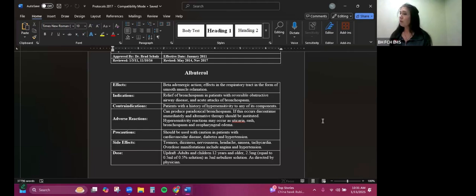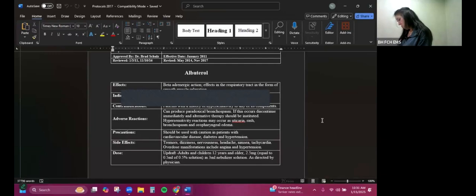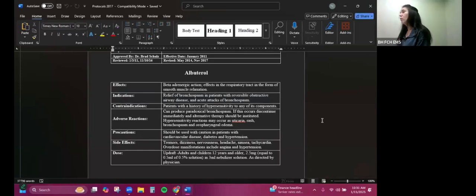Can you look at if we don't have an alternate drug for albuterol? And I'm not even seeing racemic epi on our list for what is the Baxter alternative drug for albuterol?